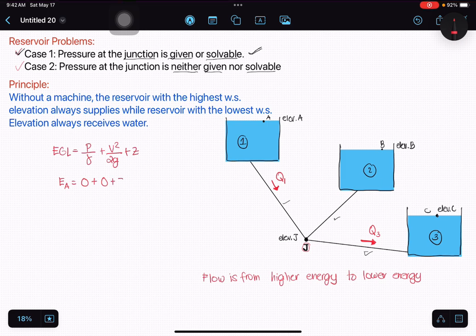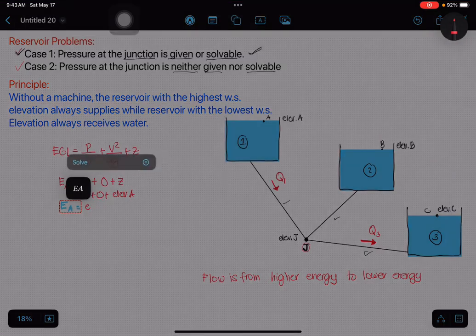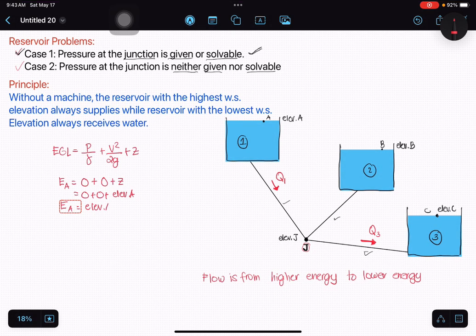And then, we only have our elevation head actually, siya lang yung meron sa total energy natin. So, EA, yung water surface elevation natin, yung total energy niya is just the elevation at A. Same goes for the other points. So, EB is elevation B, while EC naman is elevation C.